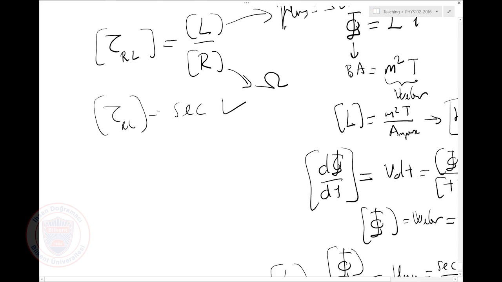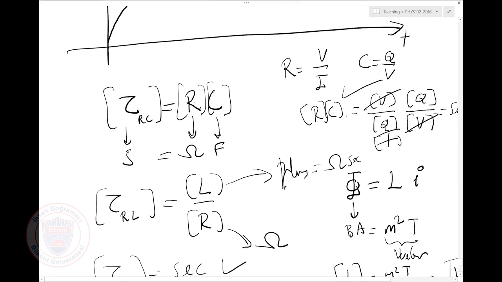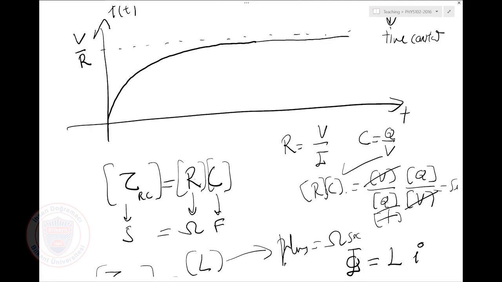So what does that tell me? It tells me that, first of all, at t equals tau, I will actually go to 1 minus 1 over e times V over R of the value.